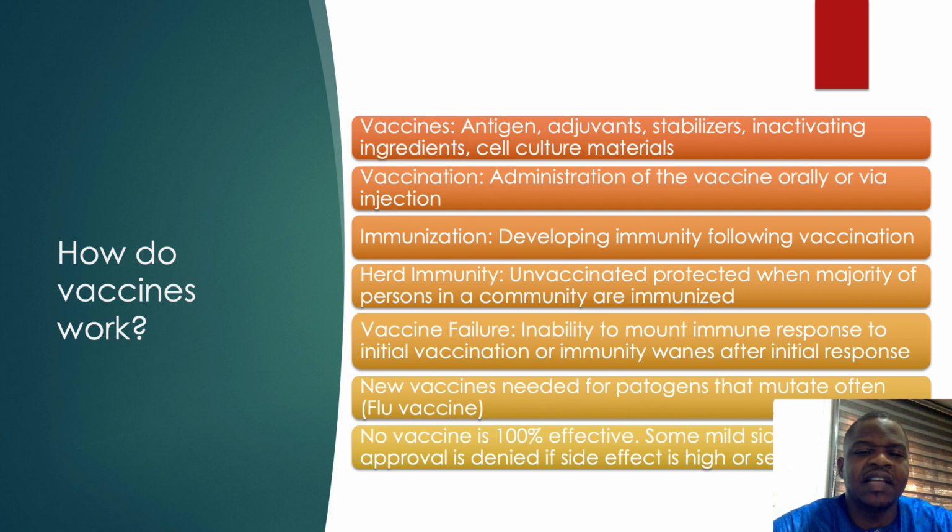Now, there are two words that are most times used loosely to mean the same thing, but they are different: vaccination and immunization. The first thing you do is vaccination. Vaccination is the process where you go and receive these vaccines. It's administered, but vaccination is just the act. What we are interested in is immunization, the ability of the body to develop immunity following vaccination.